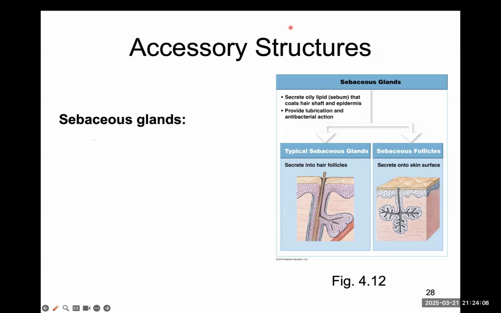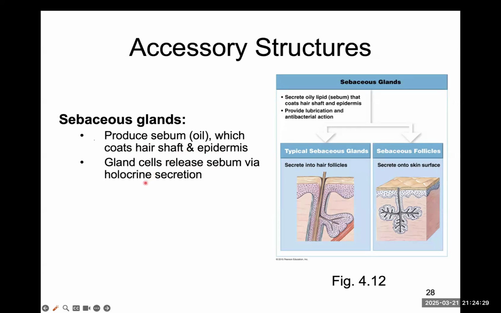The sebaceous gland secretes sebum, which is the oil, and it's mostly going to be coating the hair and epidermis. So it's basically providing protection, and they release the sebum via holocrine secretion.